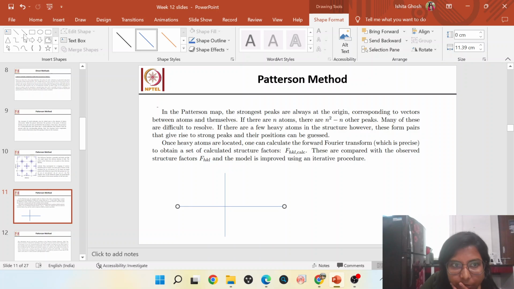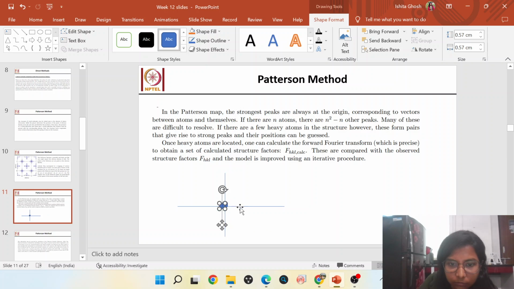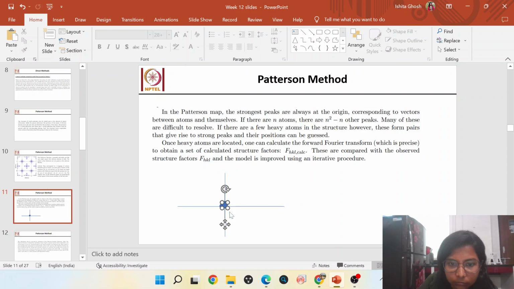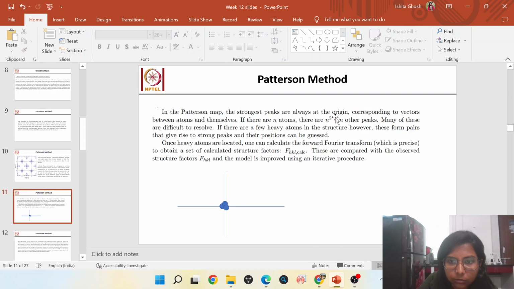Then the self vectors will simply come somewhere here. For n equal to 3, we will have 3 self vectors, right? So it will just come here like this.